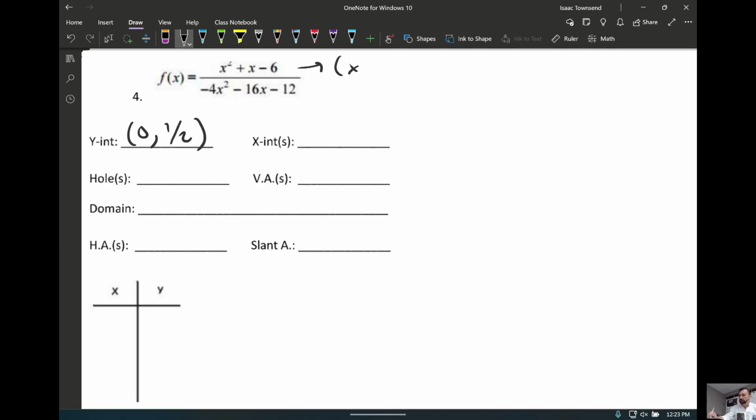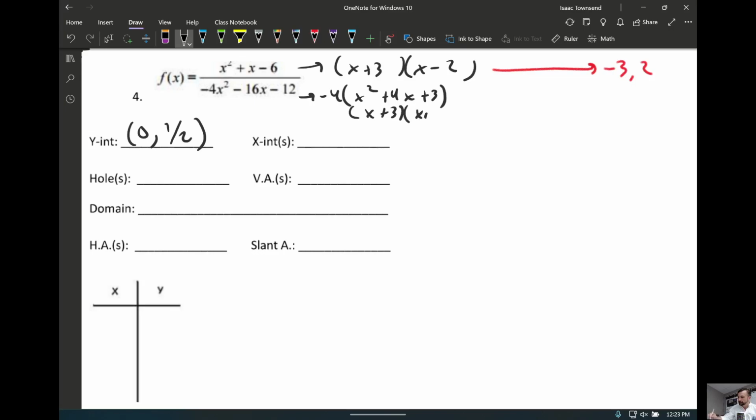So I would need to take a minute to factor, to figure out the numbers that make the numerator 0. -4 doesn't equal 0, but x plus 3 does, and x minus 1 does.